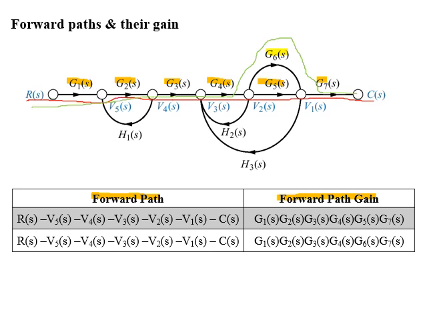In this example, the nodes involved in the forward paths are the same, but their forward path gains are different, as one branch is different. So these are the forward paths and their gains.